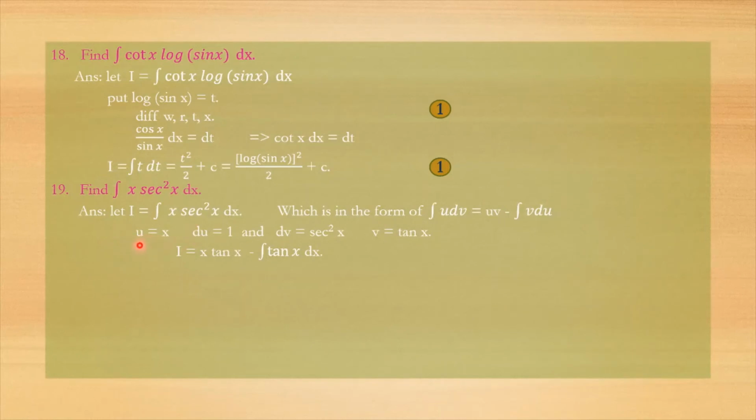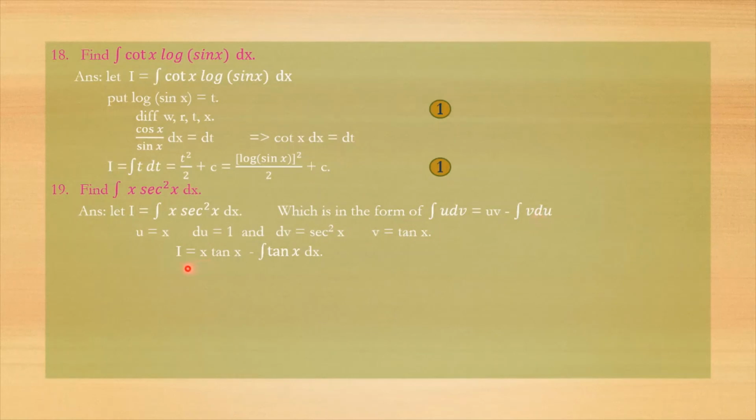Here I am going to take the first function as x, meaning u as x, then du is equal to differentiation of x, which is 1. And I am going to take dv is equal to secant square of x, and integration of dv is equal to tan x. Now just replace the values of u, du, dv and v in this formula.